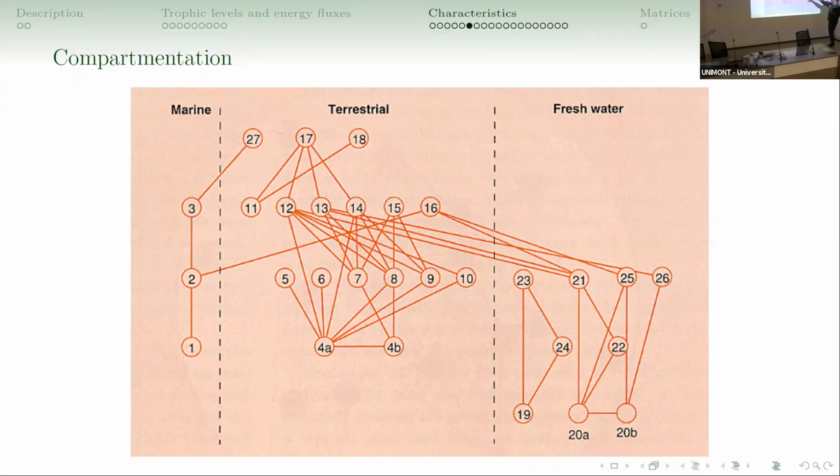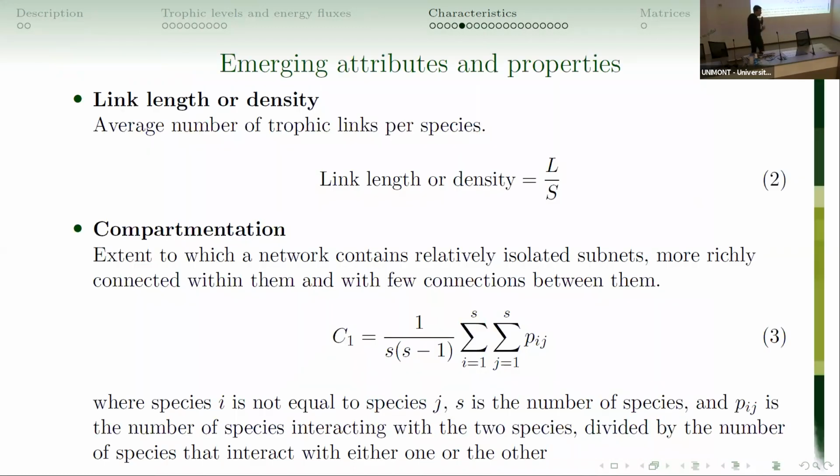This is a food web because they are connected, but you see that all these have more connections among them than with the other species. So this would be a community with three compartments. So compartmentalization, or however it's called, compartmentation.